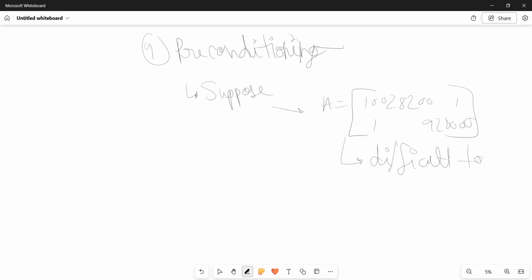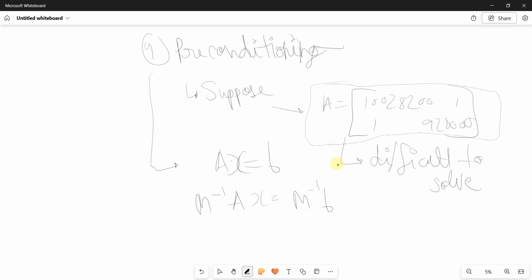So what preconditioning is that, so this is Ax equals B, right? Now what if I multiply some matrix here, Ax equals M inverse B, such that this matrix value is simplified.